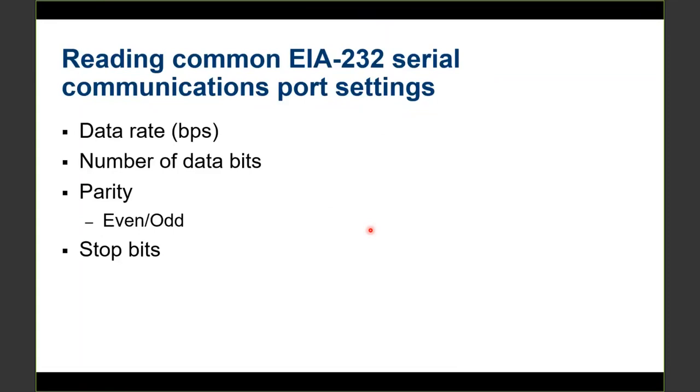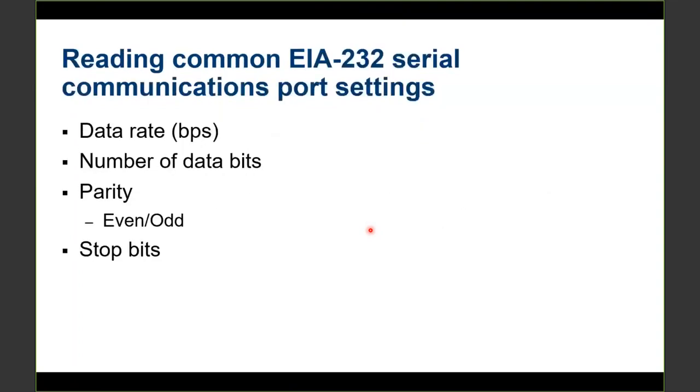One thing you have to get right is the data rate, the baud rate, that has to match between the two devices, and then the number of data bits in a serial byte, and then the parity bit and a stop bit. Okay, so you're always going to have a start bit in every serial frame, and depending on these settings, you'll have different numbers of data bits, parity bits, or stop bits. And the important thing is to make them match on both ends of the communication.